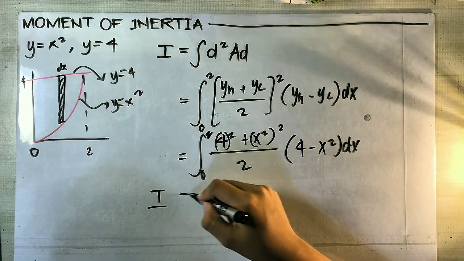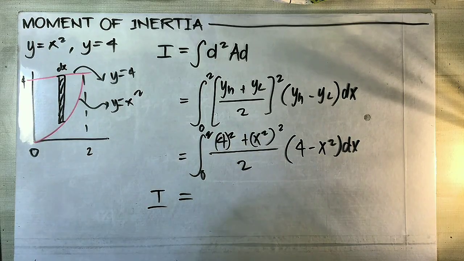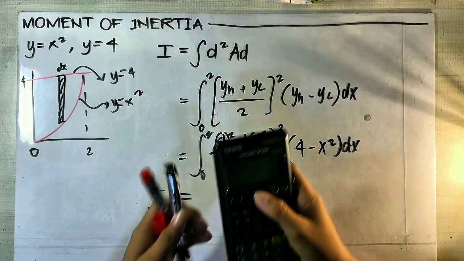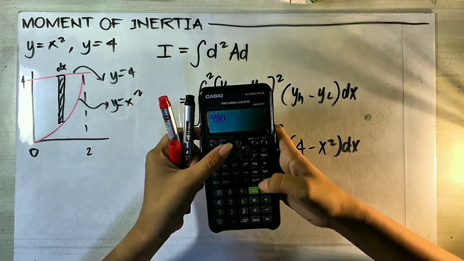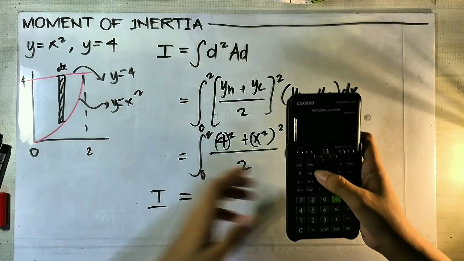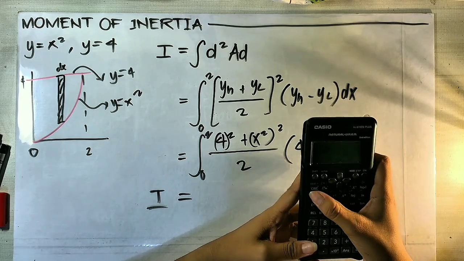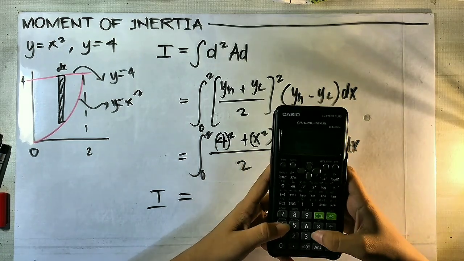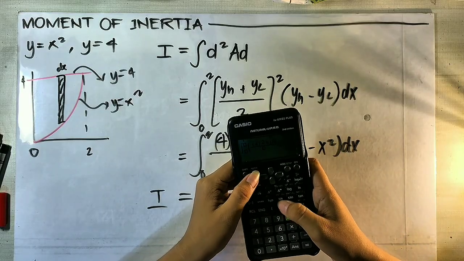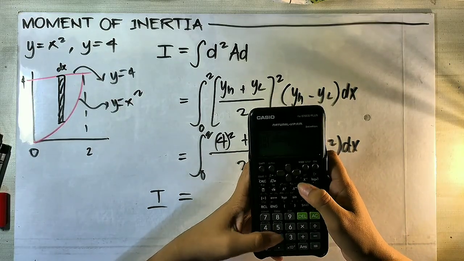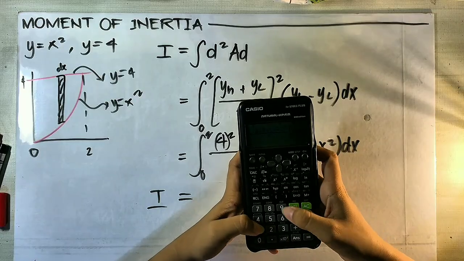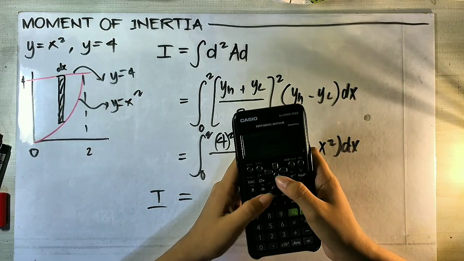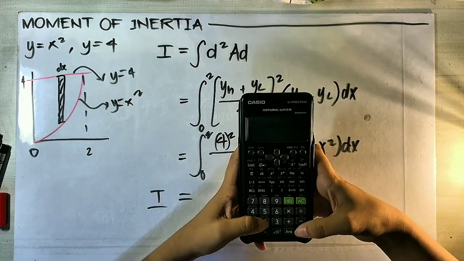So our I is equal to, let's just use the calculator. So this is (4 squared plus x squared squared) all over 2 times (4 minus x squared) from 0 to 2.